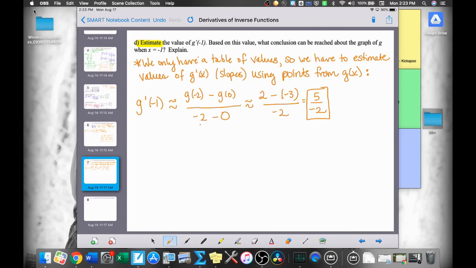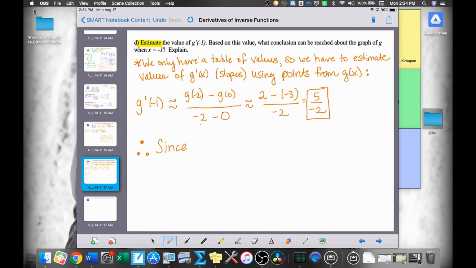And they ask us to give some sort of a conclusion that can be reached about the graph of g when x is negative 1. Well, when x is negative 1, we found that the graph has a negative slope. So what conclusion can we make? Think about the relationships between the slopes on the derivative function and how that relates back to the antiderivative or the original function.